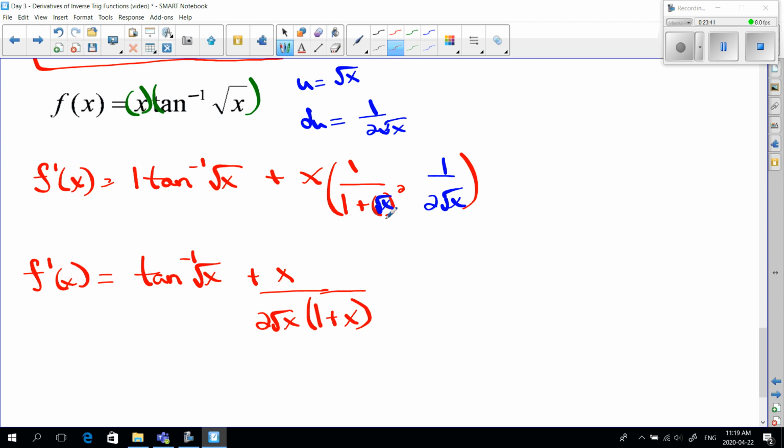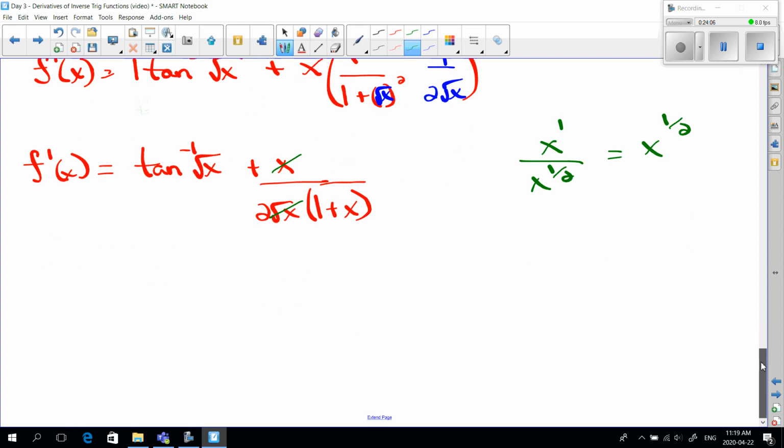All right, root x times root x would give me this x. Now, don't forget that when you have an x divided by a root x, that's like saying x to the first divided by x to the 1/2, which would equal, okay, 1 over 1 would be 2 over 2 minus 1 over 2. That would simplify to x to the 1/2.